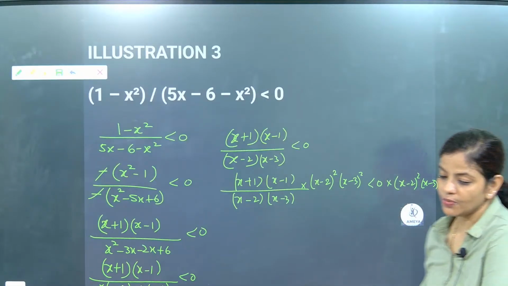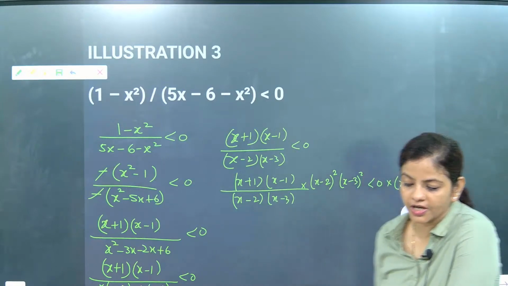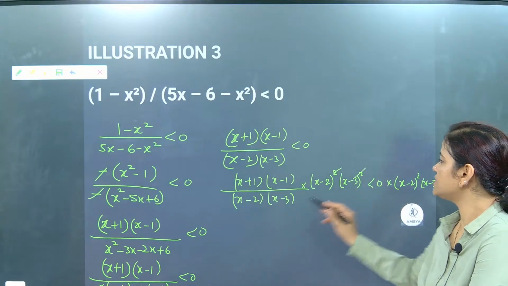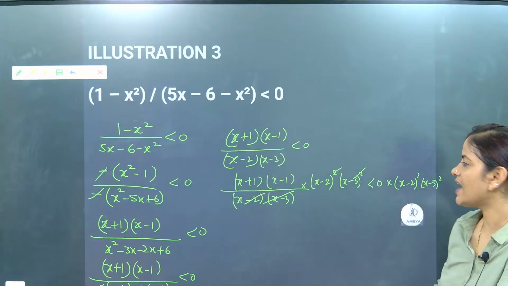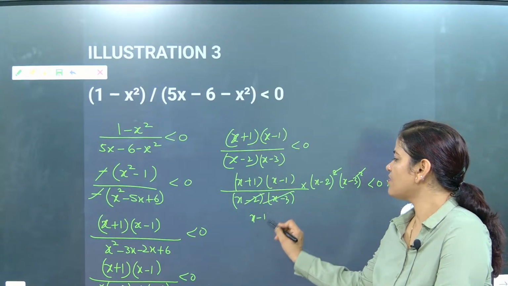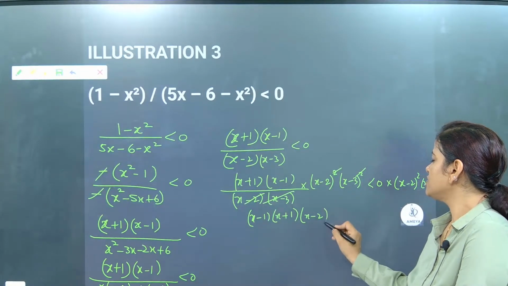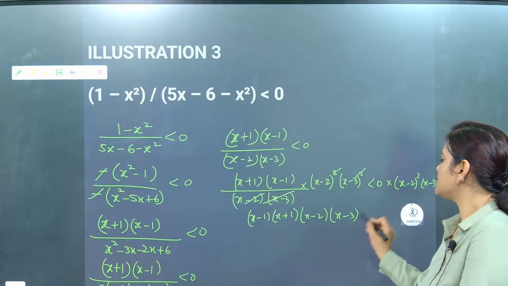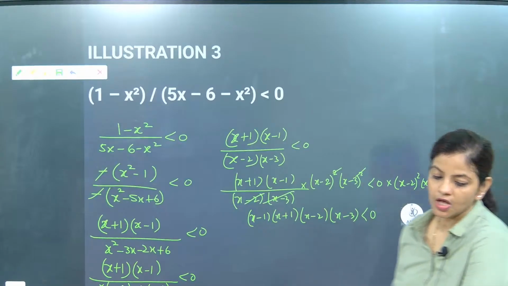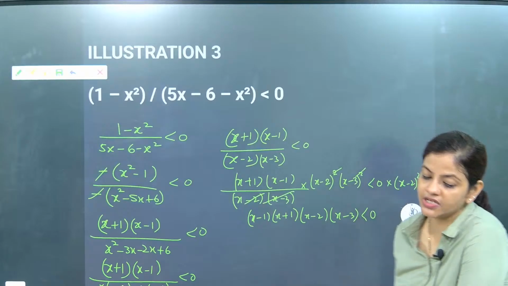Why did we do this? The numerator got converted into the denominator part. Now this and this and this got cancelled. Now the entire factor is coming as x minus 1, x plus 1, x minus 2, x minus 3, everything less than 0. So we are ready to draw the region now.